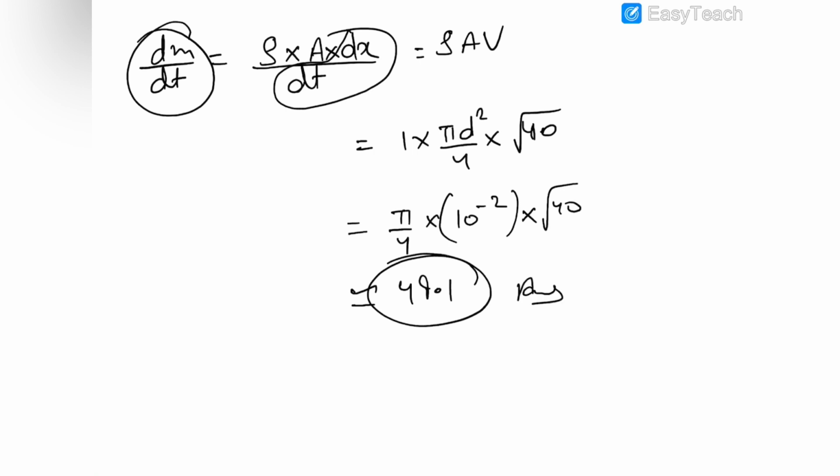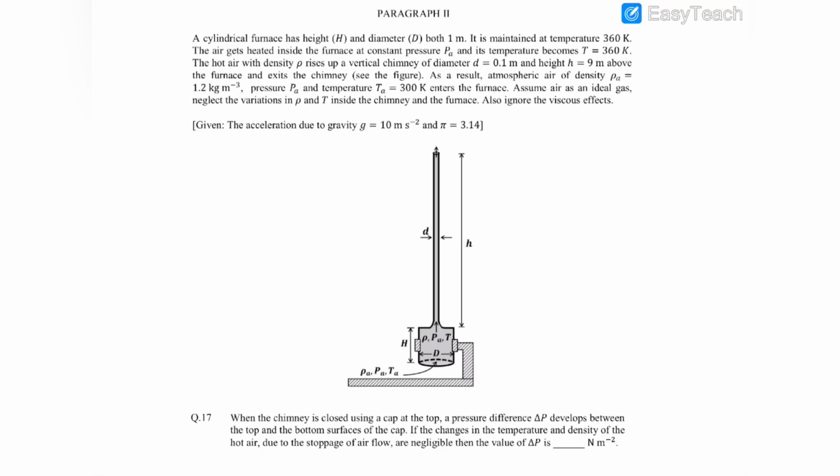Now we move on to the next question. Now in this question, this is the B part of that question. In this question, this chimney is closed from the top, and due to the closed chimney and due to the difference of density inside and outside the chimney, a difference of pressure is created at this point 1, which is just outside the chimney, and at this point 2, which is just inside the chimney.